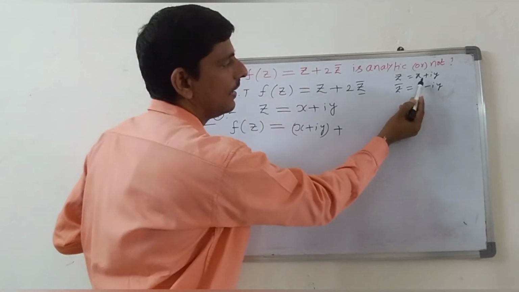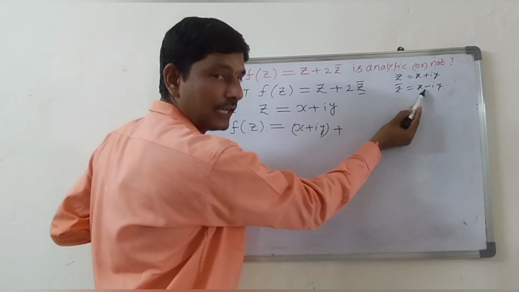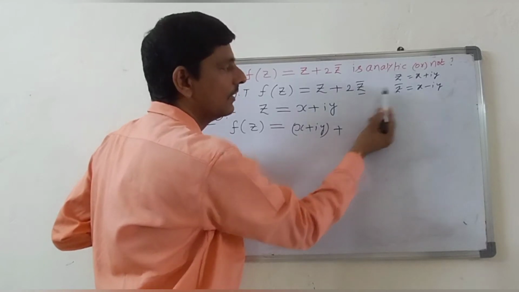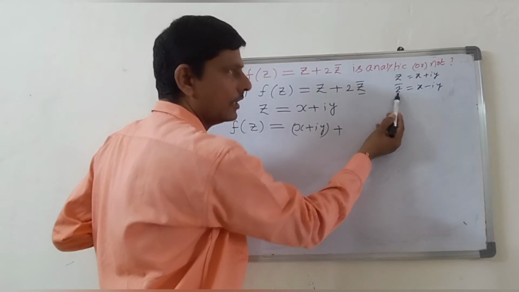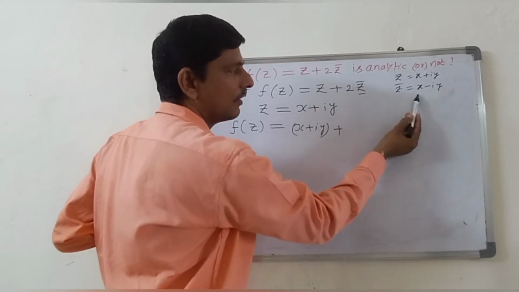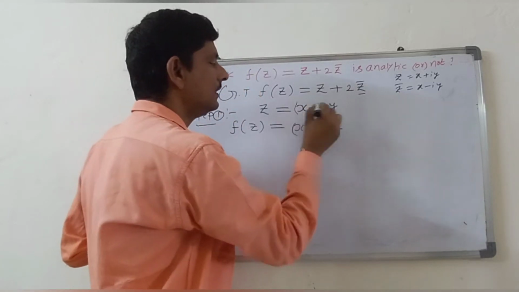Replace the sign in front of the imaginary part with the opposite sign, and we get the conjugate of the complex number. These are the basics you have to know.